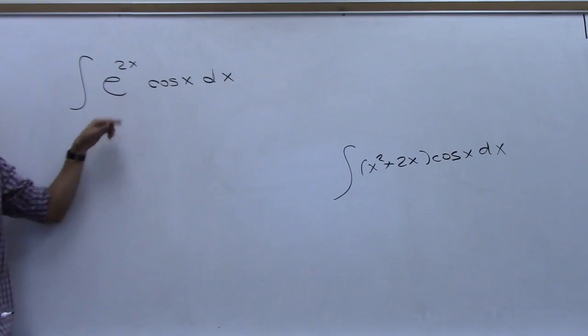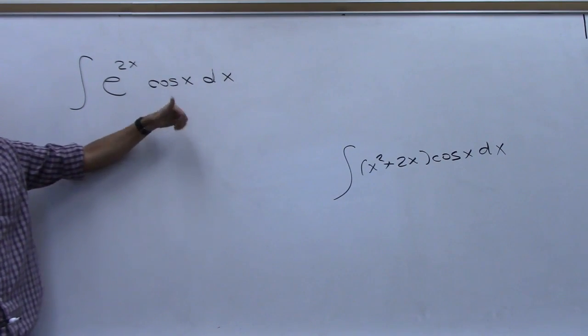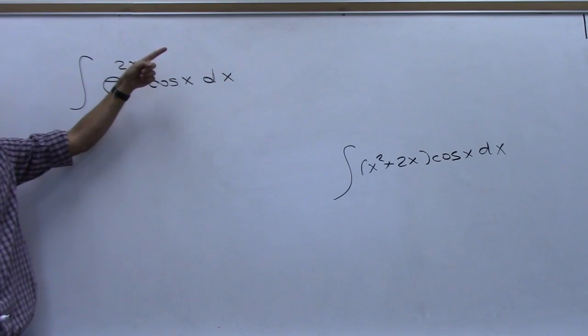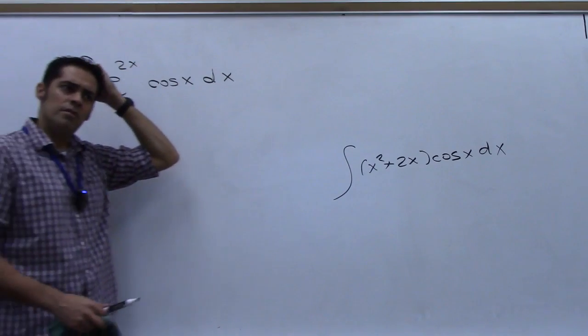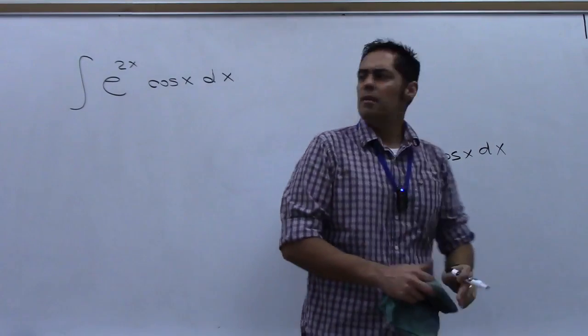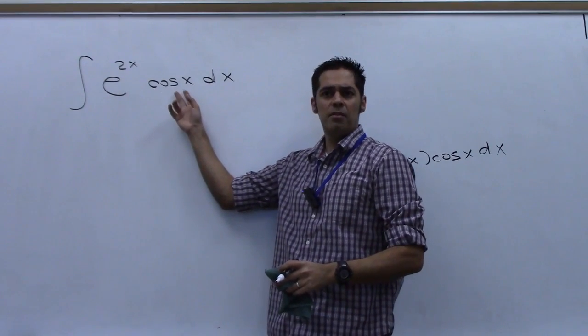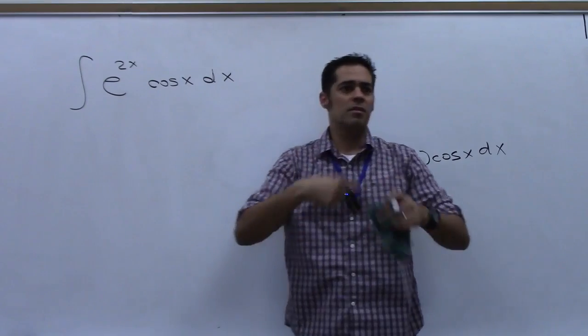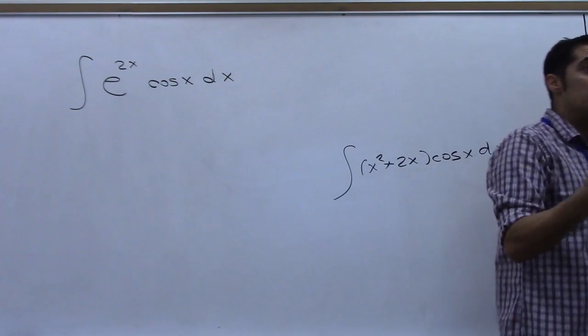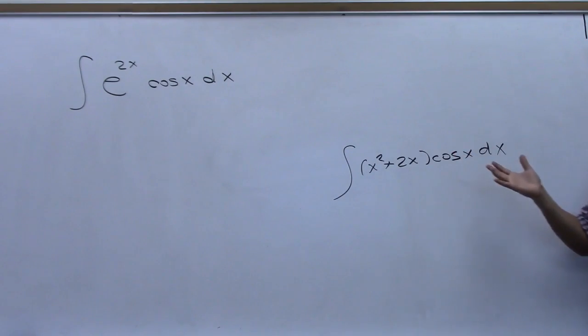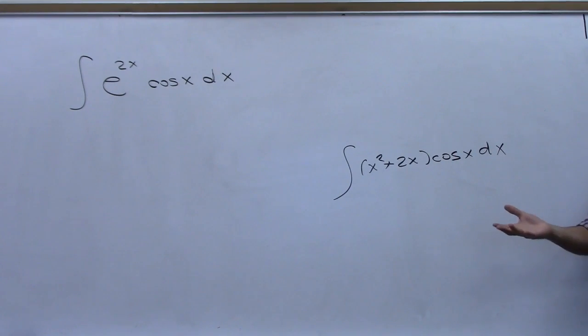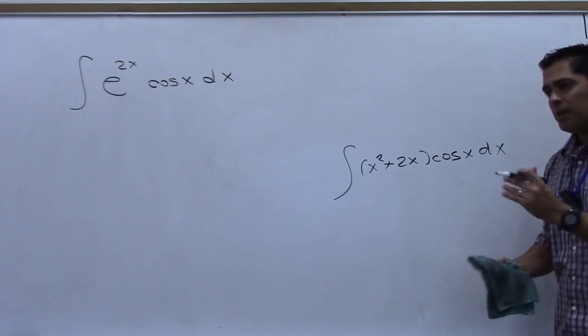And then when you integrate this one, it's going to cycle back and forth, right? So are you seeing the trouble here? You're never going to get one of these to get better. This is just going to go back and forth between sine and cosine. This one's always just going to be e to the 2x, e to the 2x. So it appears from first glance that this technique will not work on this because nothing's going to get nicer, right? Do you see that? Okay. But it's going to work.